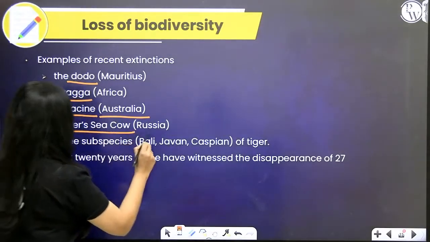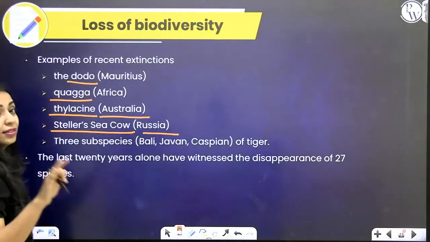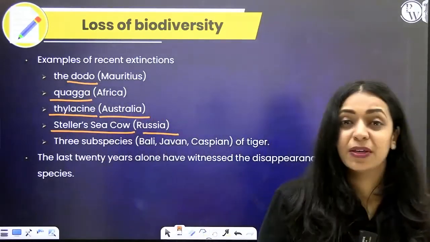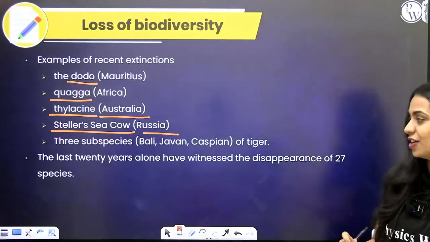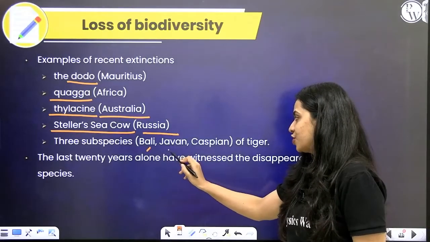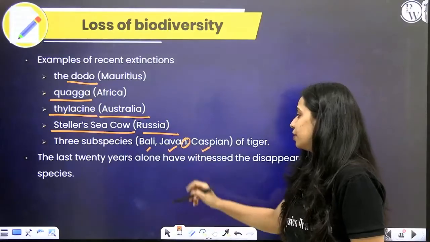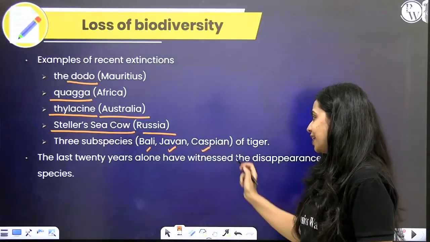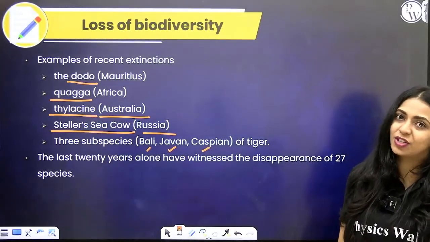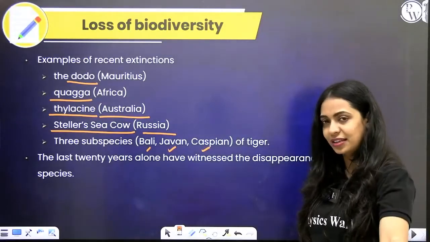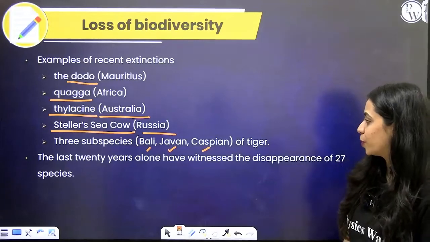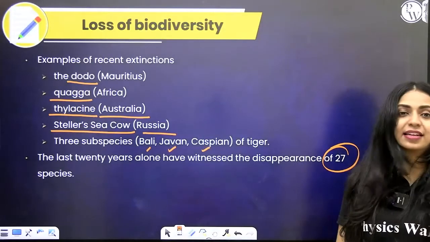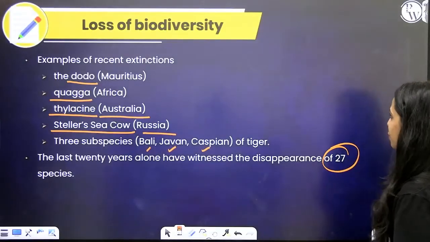Then the Steller's sea cow in Russia, and 3 subspecies of the mighty tiger in Asia that were found in Bali, Java and Caspian. These 3 subspecies of tiger have gone extinct in the recent past. So, in the last 20 years alone, there have been extinctions of about 27 species globally.